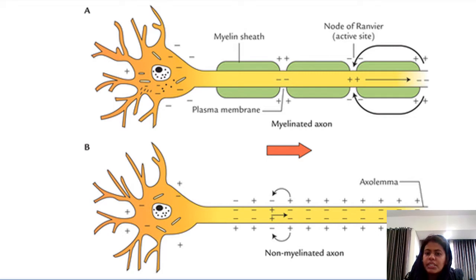So impulses jump from one node of Ranvier to another. This type of conduction is called saltatory conduction, or jumping. In non-myelinated nerve fibers, in the second picture, you can see it travels continuously. The impulse or potential difference is created at all the points, so it travels continuously.